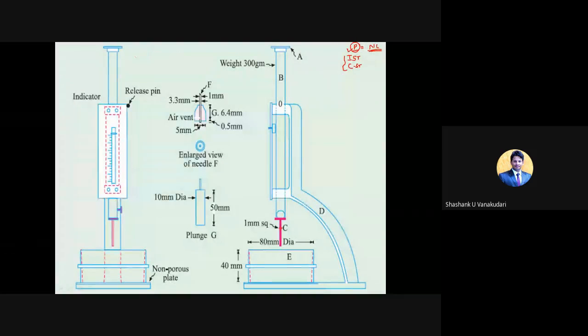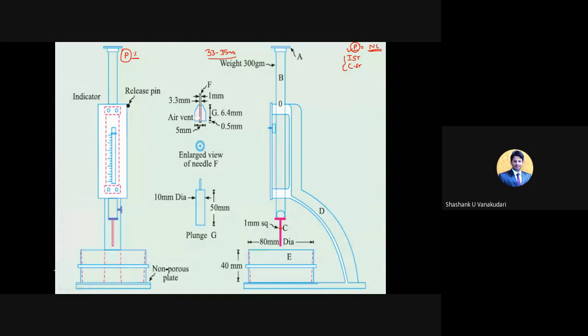At 1% of water, you will get the penetration value at last, that is 33 to 35 mm. So at what percentage you will get this result? That value is only your P value. Got it? At that percentage of water you will get these results in this Vicat apparatus. Clear? So that percentage is the value of P.